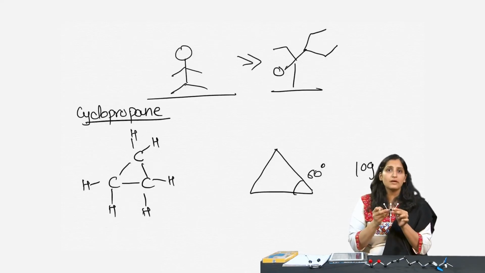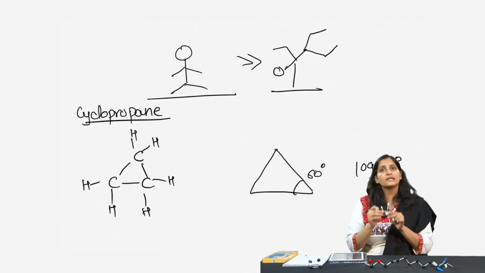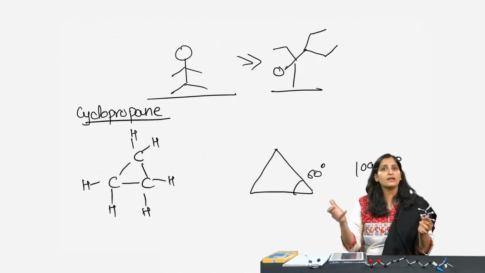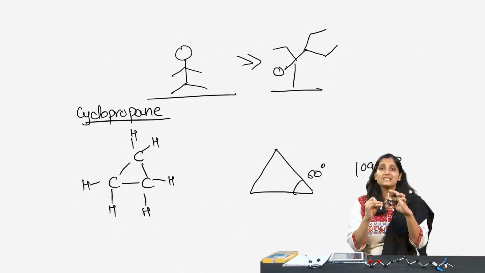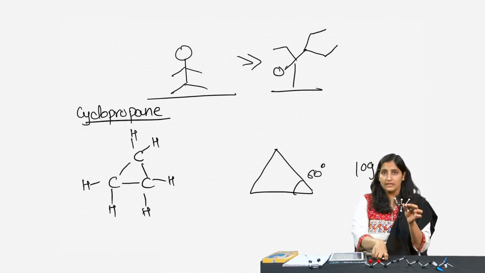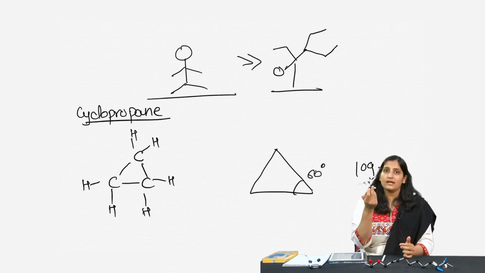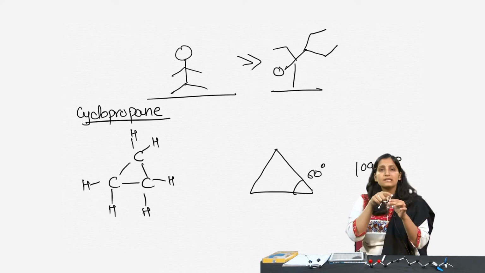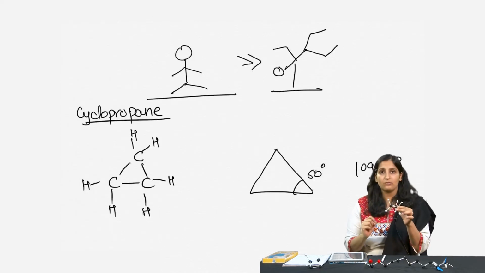This is also sometimes referred to as small ring strain. It is a strain arising because we are trying to place carbon atoms in a small ring, which they do not really want to be in.